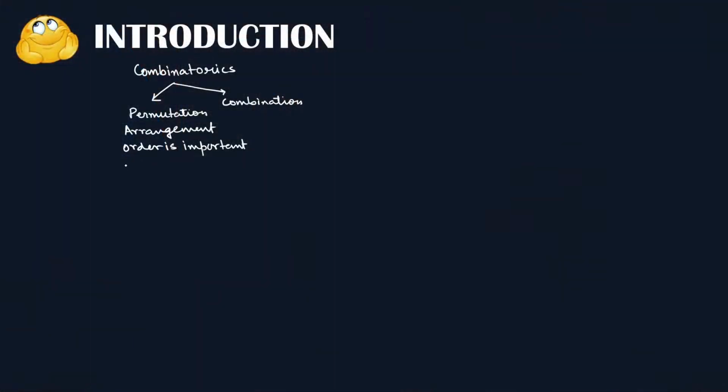Now, if they interchange their place, that is, the second person is coming to chair A and the first person is going to chair B, so it's another arrangement. That is exactly what I'm talking about, the order. So in arrangement, order is important. So in permutation, AB and BA are two different arrangements.